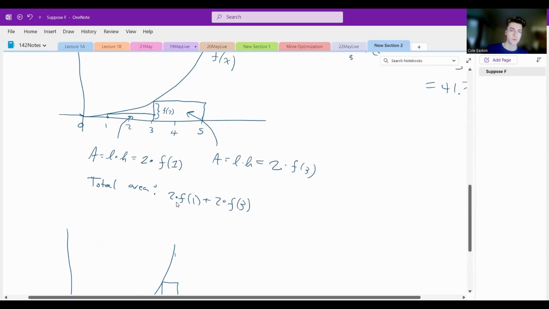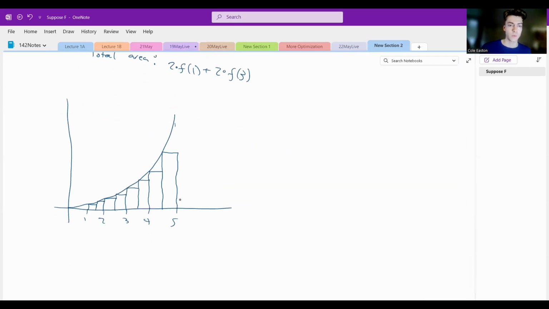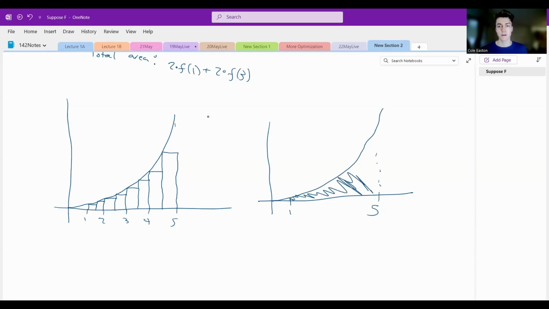And look at the difference between these two pictures. If we think about this total area underneath of the graph between 1 and 5, which one of these total areas of the rectangles is going to be closest to the total area under the graph? Now, by total area under the graph between 1 and 5, I mean this area in here.